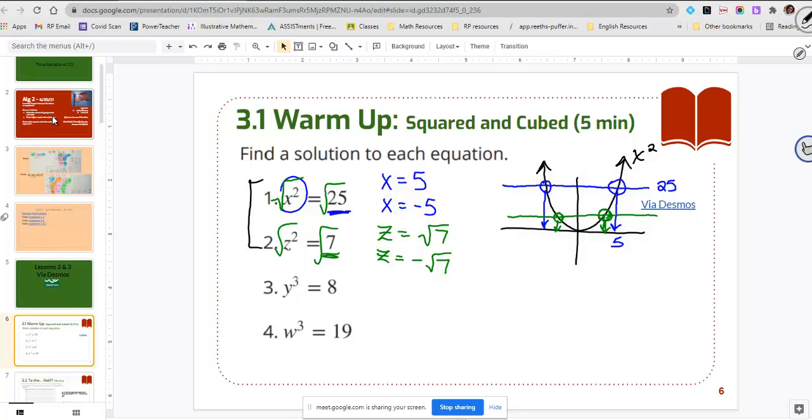Now our cubed graph looks a little different. So draw this picture with me for numbers 3 and 4. Let me try that again. Our cubed graph is kind of an S shape, a very lazy S shape that goes right through the origin.